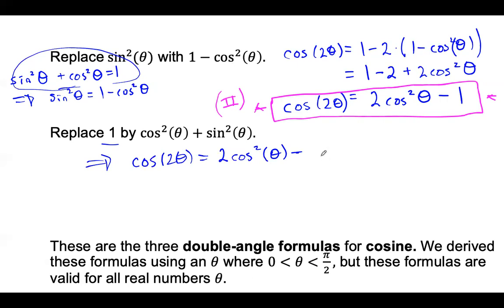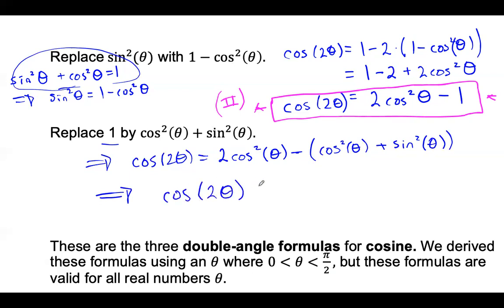That is the identity, so we just plug it in. Let's put it in brackets: cos squared theta plus sine squared theta. Now we can simplify, and we get cos 2 theta is equal to, 2 minus 1 is just 1, so this is cos squared theta minus sine squared theta.